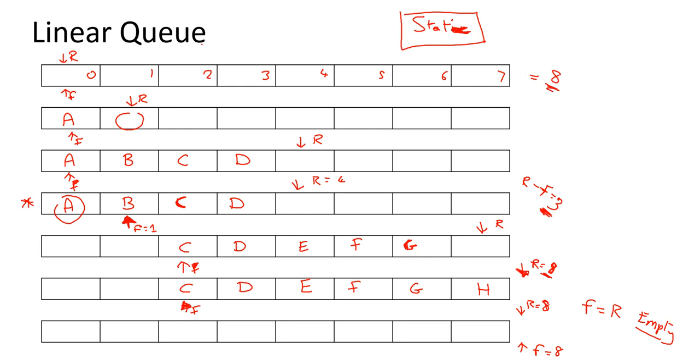We would be able to remake this linear queue with a dynamic data structure, and that's a data structure that grows and shrinks, and an example of that would be a list. But we're not going to get into that in this video. We do have a way of making this better, of correcting this, and that would be to use a circular queue. So we've still got our array of size 8.